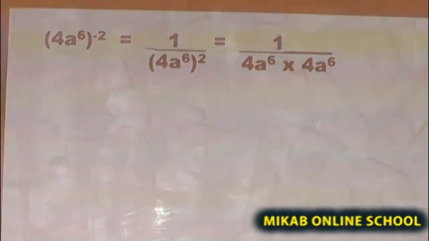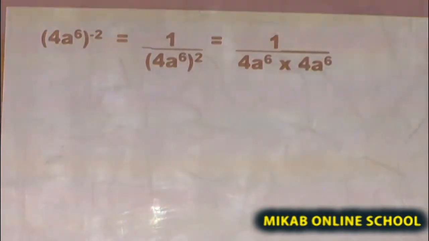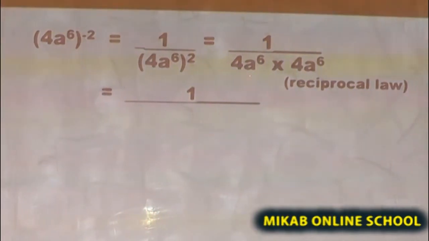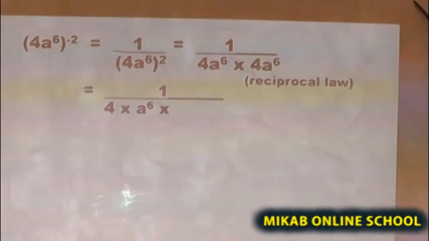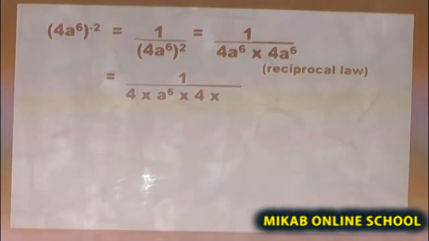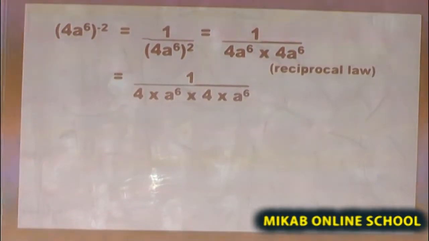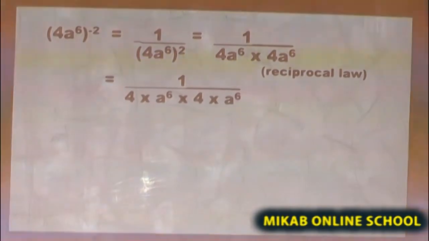And the thing that should come to your mind is the connectivity between the 4 and this a raised to the power of 6, which is multiplication. And if we are going to separate the two, we are going to have 1 all over 4 times a raised to the power of 6, times the same expression done to this 4a raised to the power of 6.